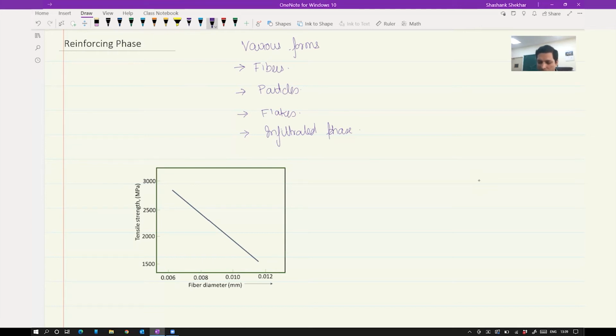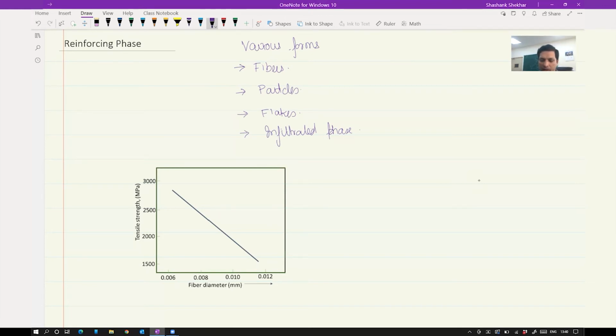So here is an example. If you keep increasing the fiber diameter, what happens to the overall strength of the material? You see that the strength actually reduces. This schematic shows that strength will reduce as the diameter of the fiber increases. And that is because as the diameter of the fiber increases, it becomes more prone to having defects. On the other hand, if it is a very fine diameter, then it will not have too many defects.